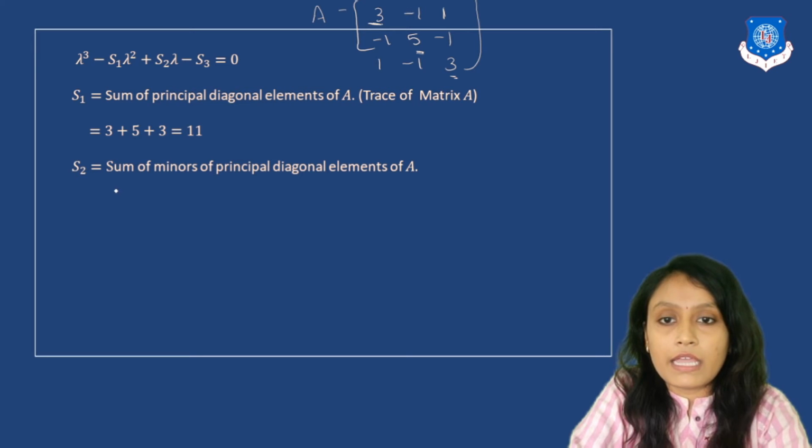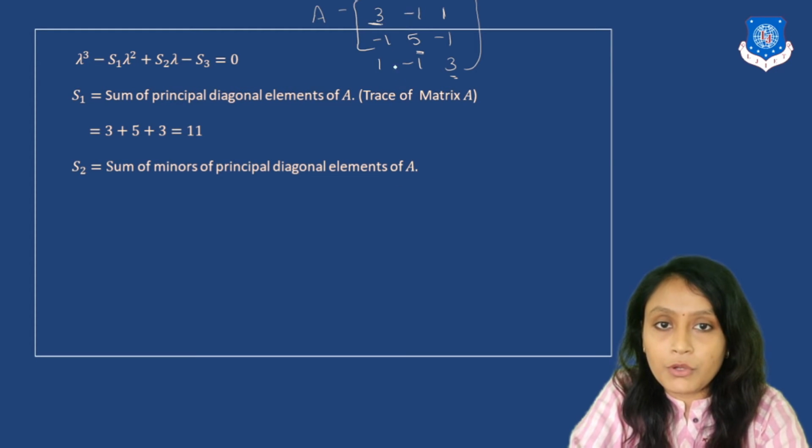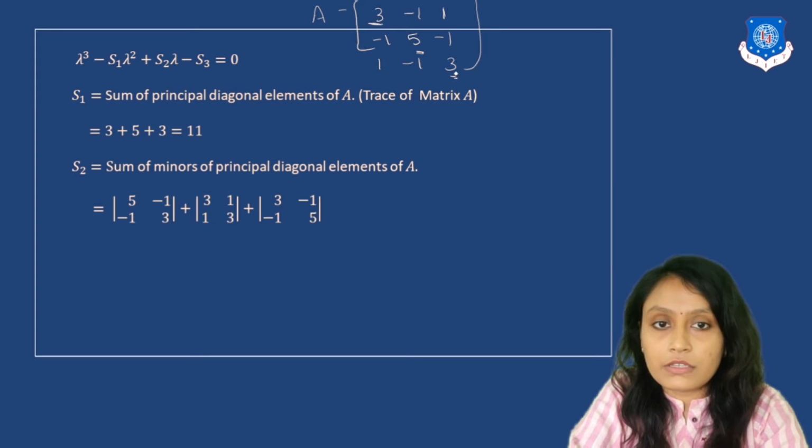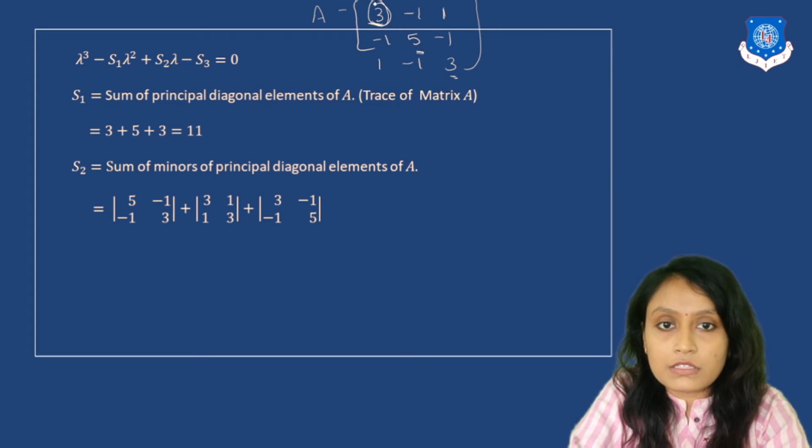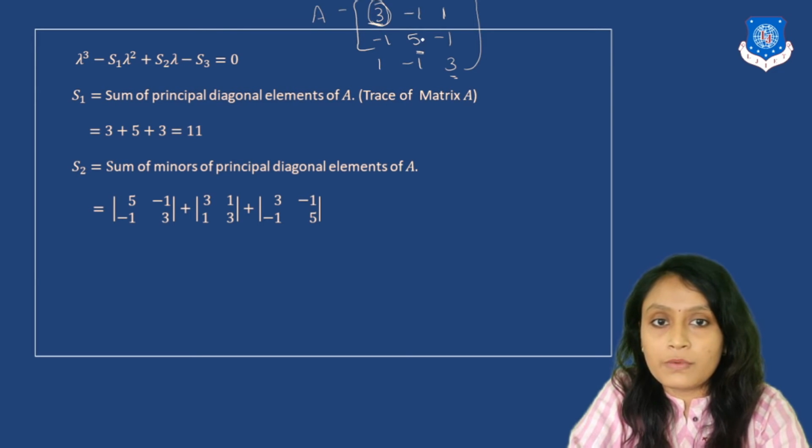Next, we will find S2. S2 is the sum of minors of principal diagonal elements of A. So we have to find the minors of 3, 5 and this 3, and add them. Firstly we find the minor of this 3. For that we hide this row and this column, so you will get 5, minus 1, minus 1, 3. Plus now the minor of this 5.